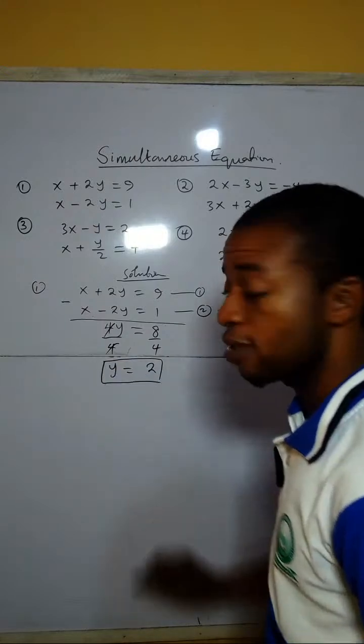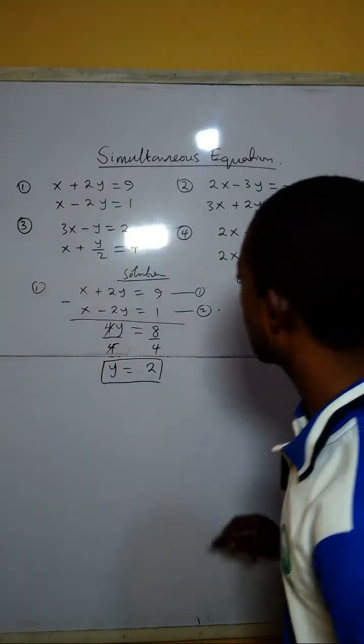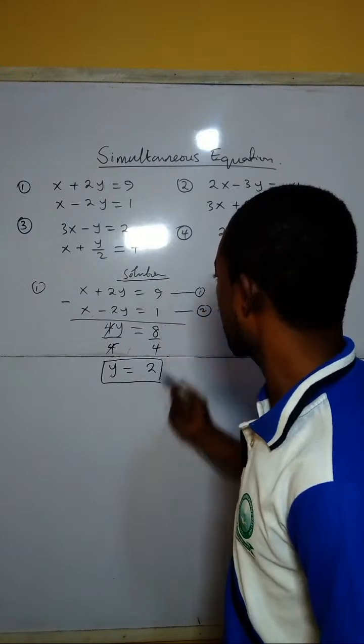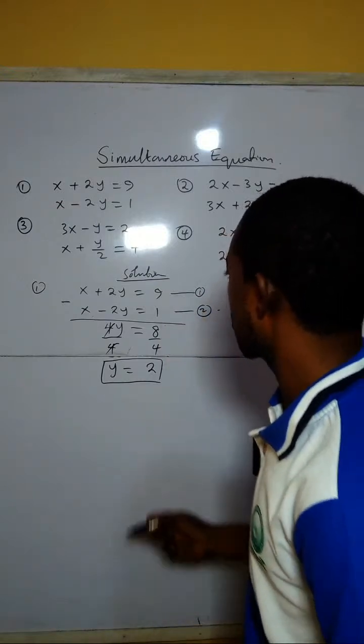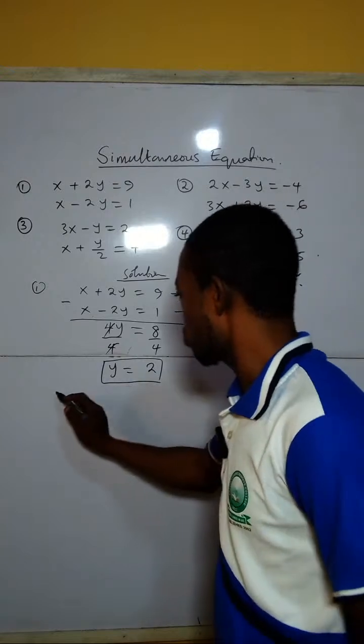Then to get x, we can substitute y equals 2 in either equation 1 or equation 2. So substitute y equals 2 in equation 2.